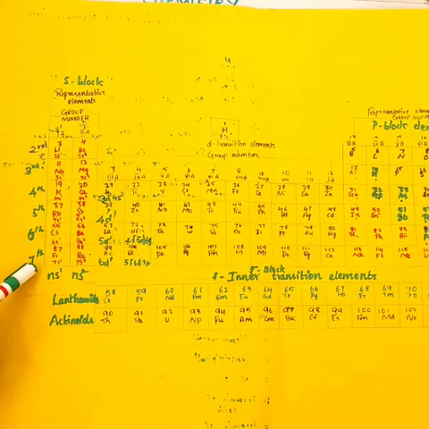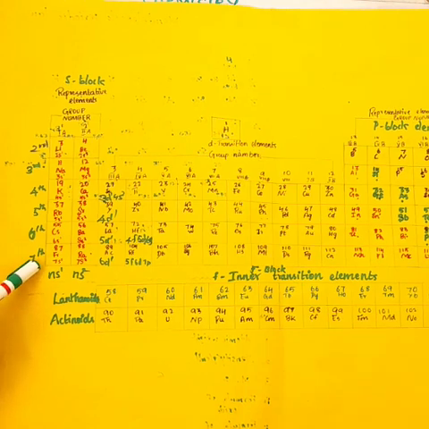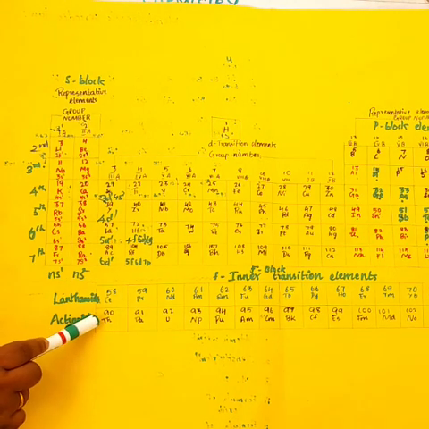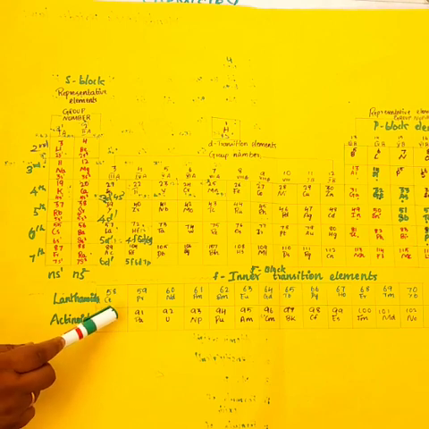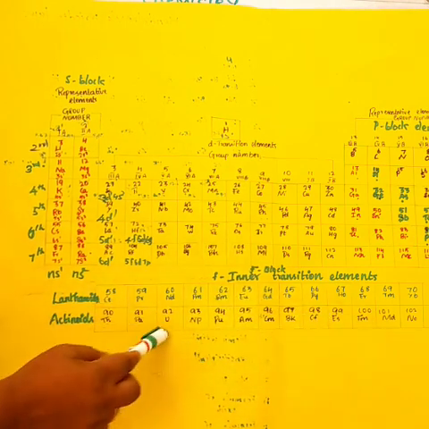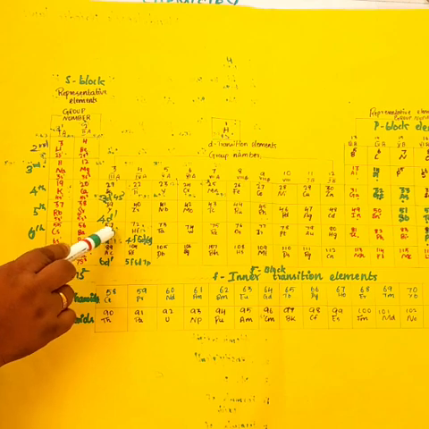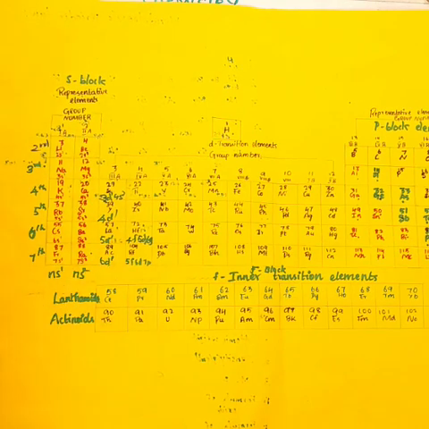Similarly, in the seventh period, 5f orbitals are filled and its 14 elements constitute the second inner transition series, called actinides. The first inner transition elements are the lanthanides and the second are the actinides.